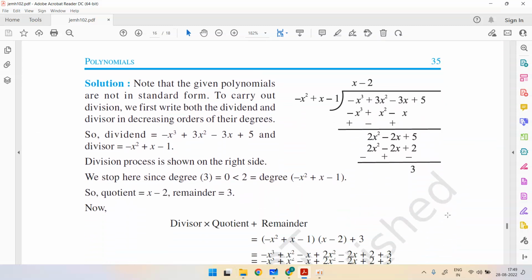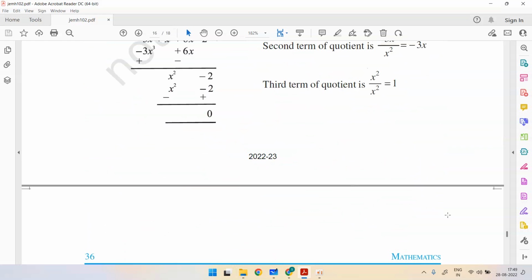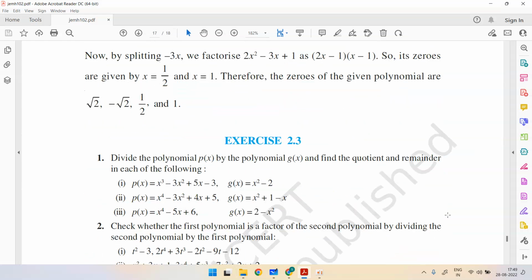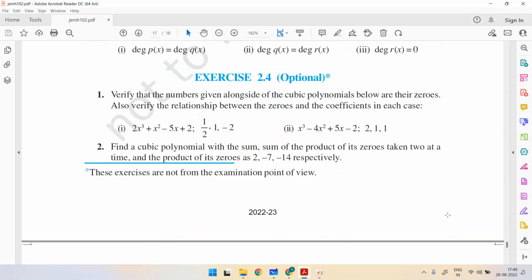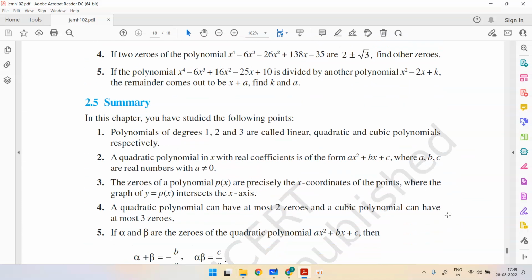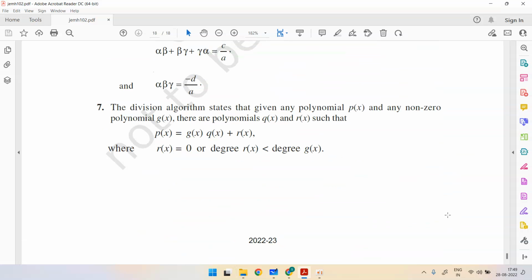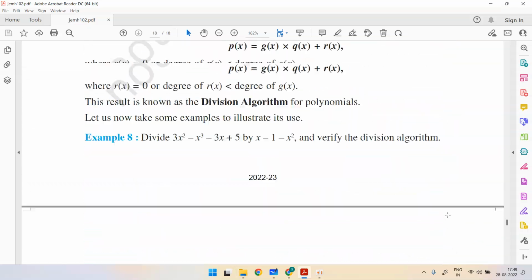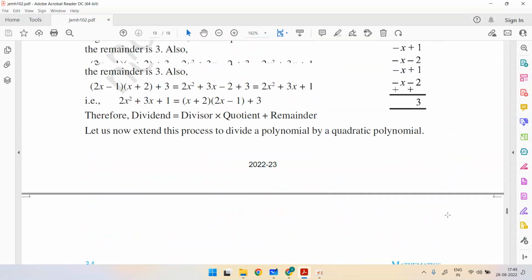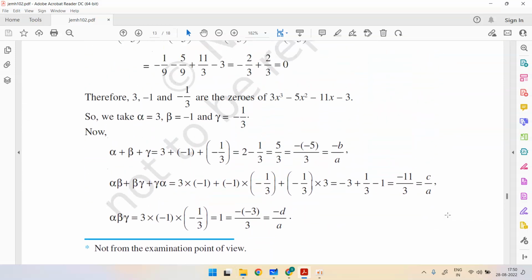That one I have done. This is done. So next I will do the exercise, coming to the examples in NCERT.